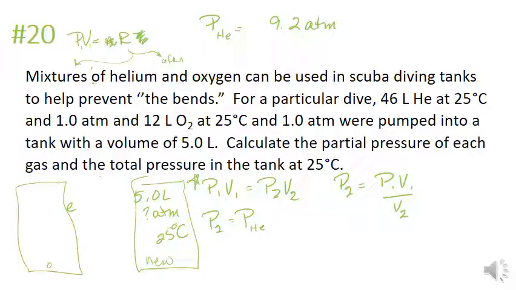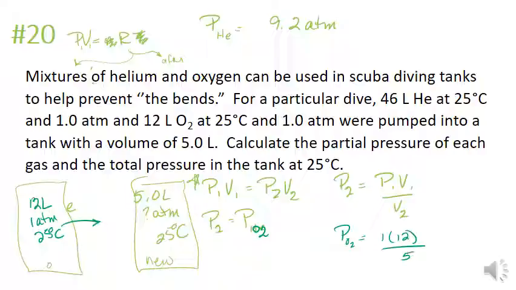Here we have 12 liters at 1 atmosphere at 25 degrees Celsius, and we're going to take this oxygen and put it in the new tank. So I can use the same equation, except P2 now is going to equal the oxygen. The partial pressure of the oxygen is going to equal 1 atmosphere times 12 divided by 5.